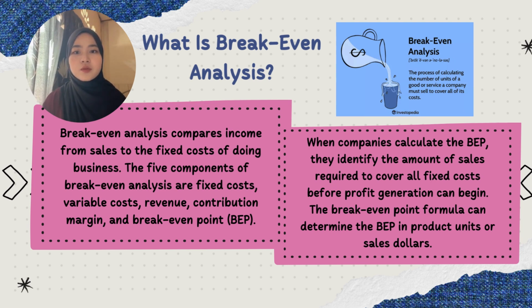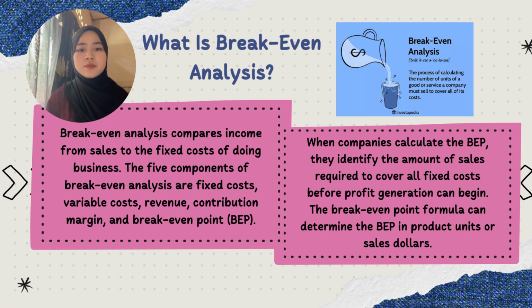When a company calculates the BEP, which is break-even point, they identify the amount of sales required to cover all fixed costs before profit generation can begin. The break-even point formula can determine the BEP in product units or sales dollars.